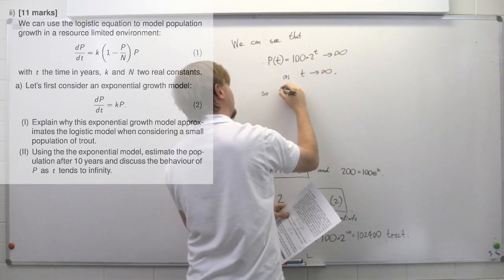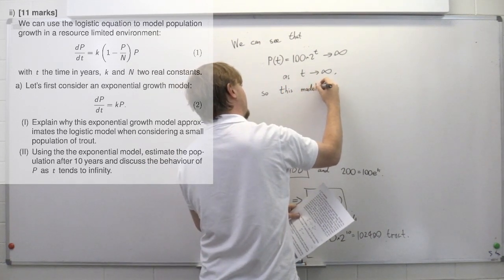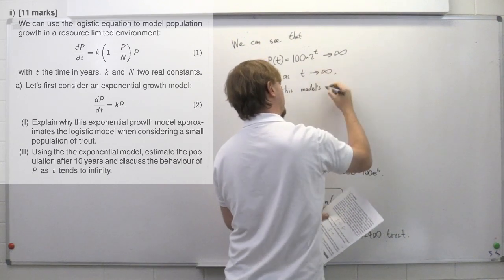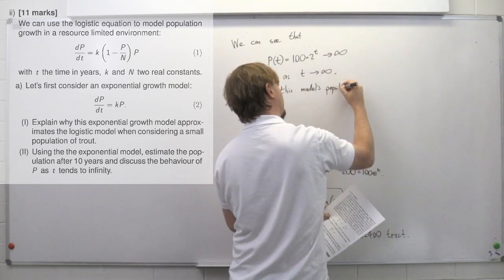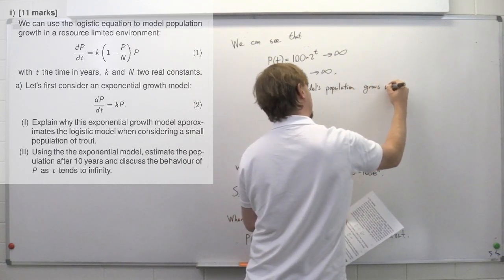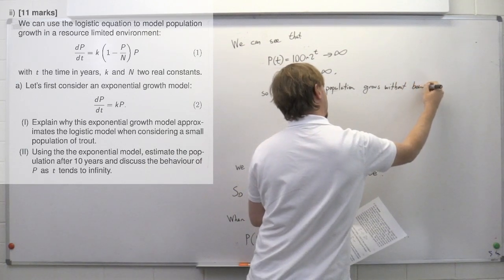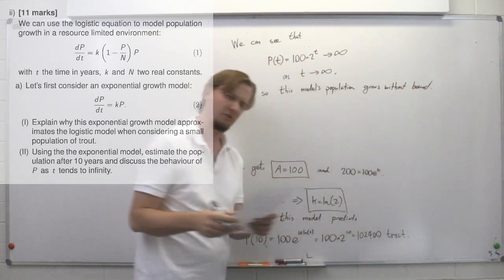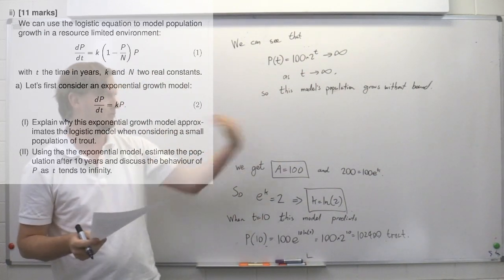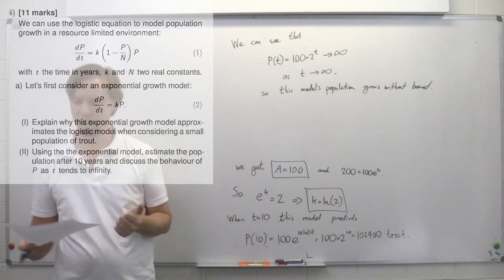So this model population grows without bound. That really means I'm not going to really trust this model for very large time values. Maybe initially it looks like a good model, but it doesn't really stay realistic forever.